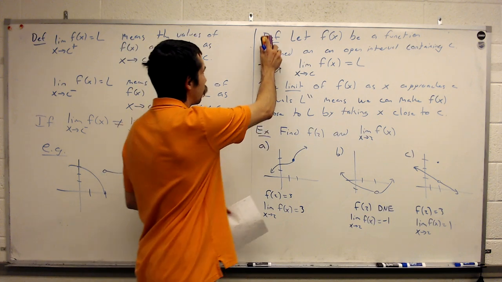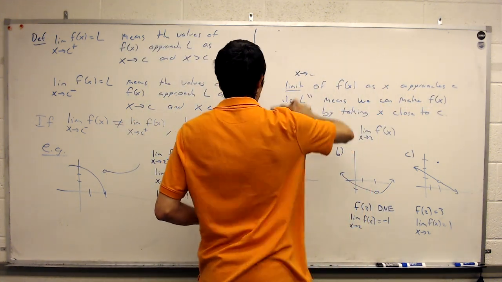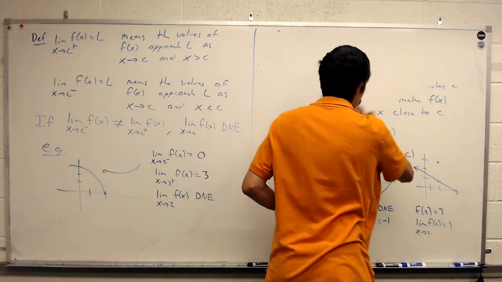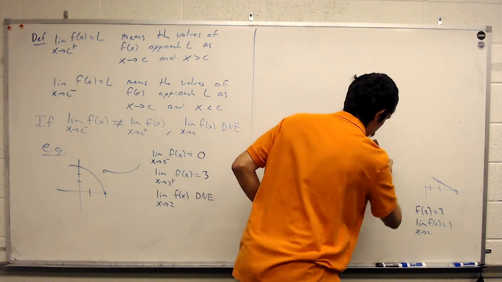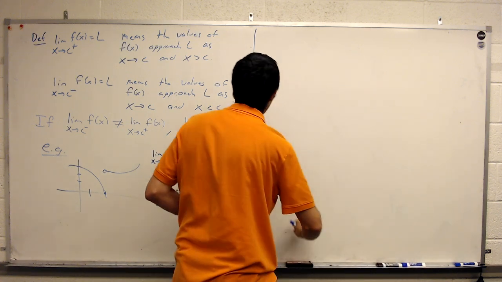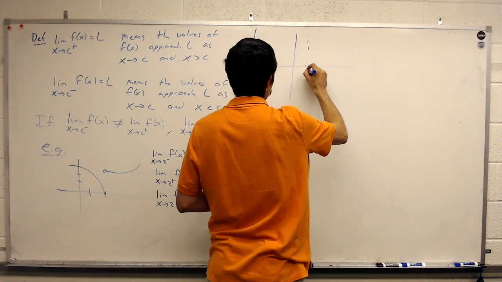Okay, another example I want to show you is what happens if the curve goes off to infinity. All right, so another example, let's say we're looking at x equals 1.